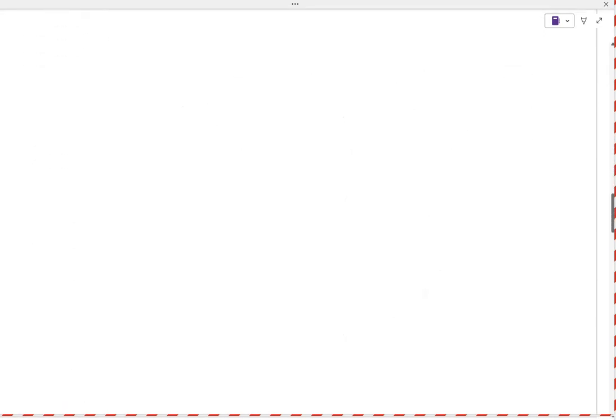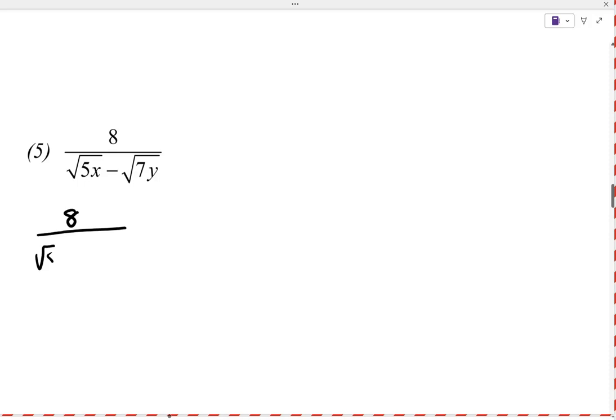Let's go down to, well, I guess another example. Okay, number 5 here. Again, if you've got a sum or a difference of radicals in the denominator, we're going to multiply top and bottom by the conjugate of that denominator.